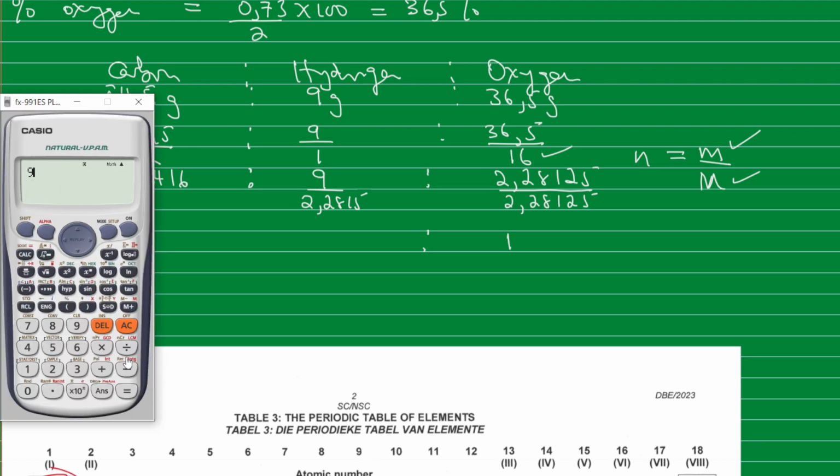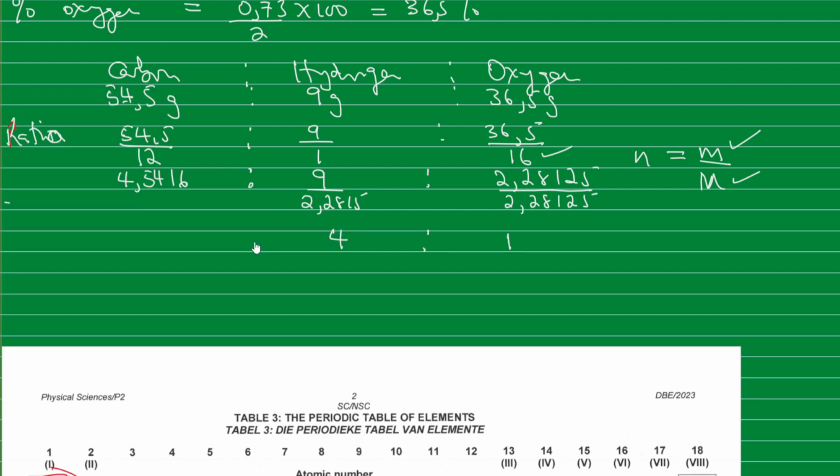Let's divide again. 9 divided by 2.28125, what do I get? 3.9. Let's write it to the nearest whole number, which is 4.